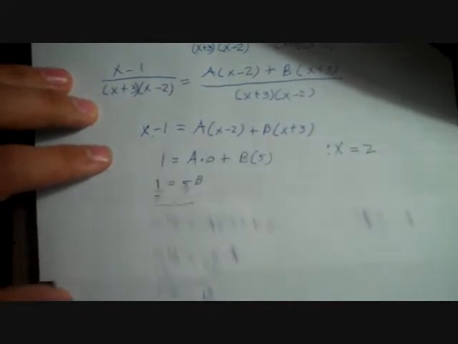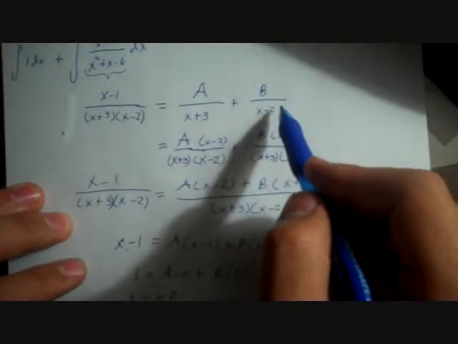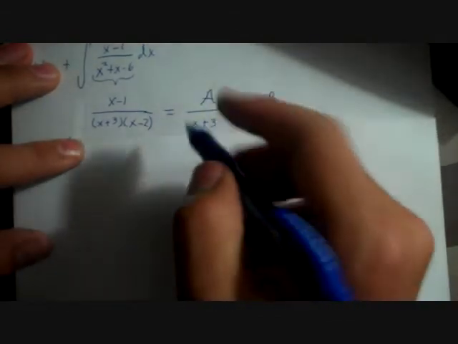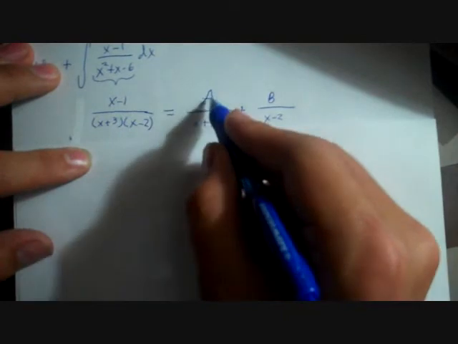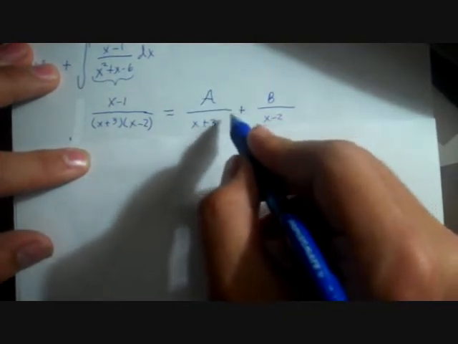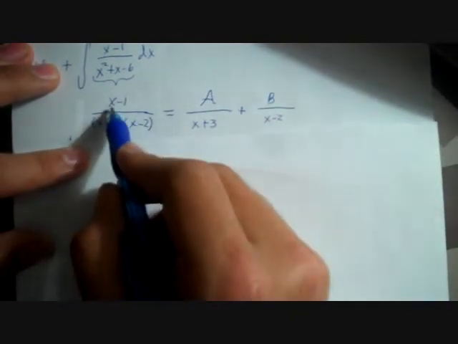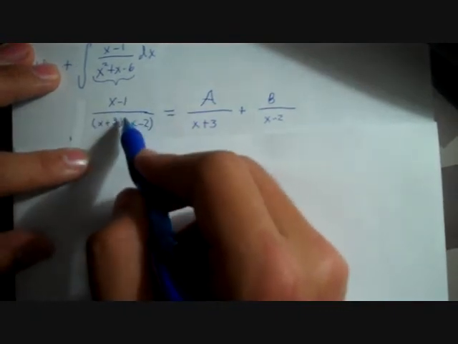So we can go back and plug in these values we have for a and b into our original equation. So our original equation up here stated that a over x plus 3 plus b over x minus 2 equals our integrand, right?